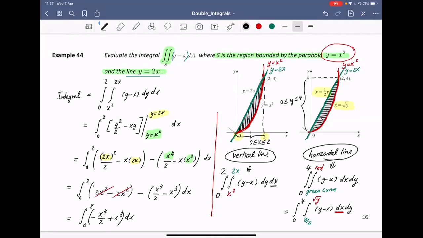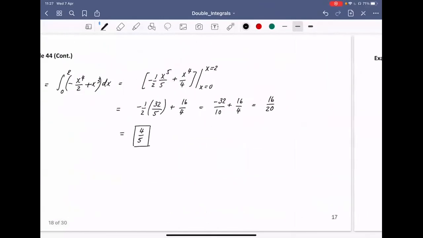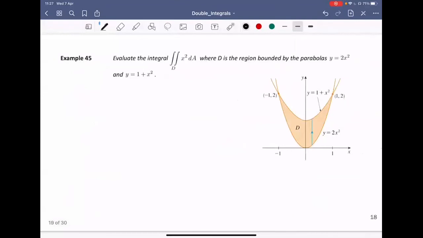All right, to get you more comfortable with that, I'm going to do one more example. And then I need your participation on the next one. I'm going to keep asking you in the chat, so be ready to answer my question. Let's say I want to evaluate the integral of x squared dA over D, where D is the region in the picture.